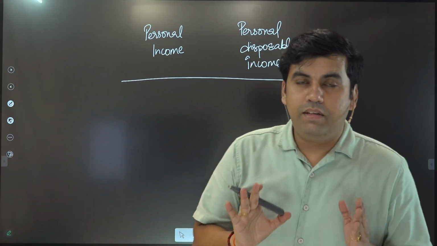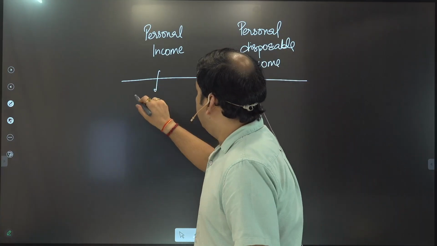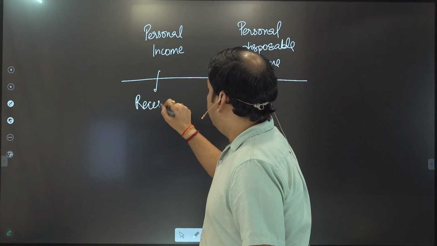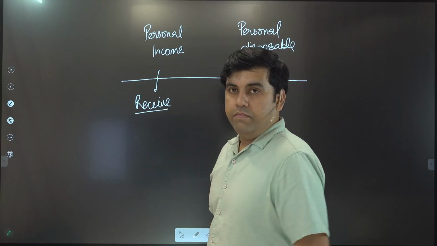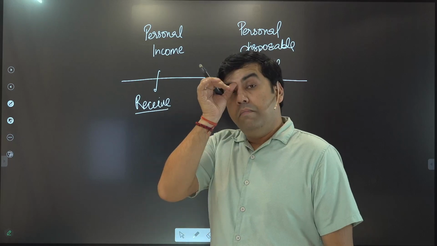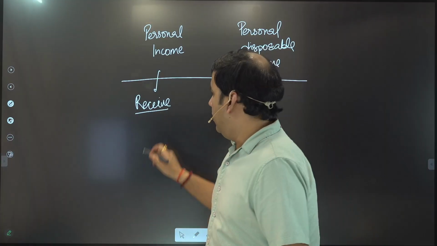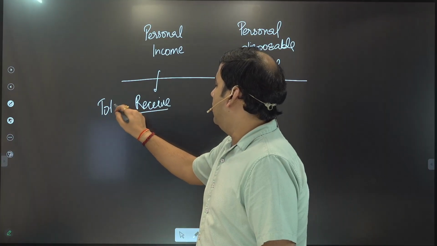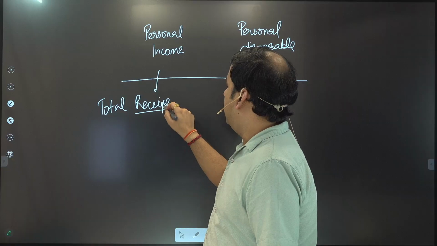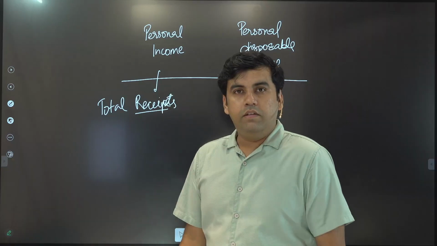Personal income is the one that we receive in totality. Total receipts. This is what I receive.